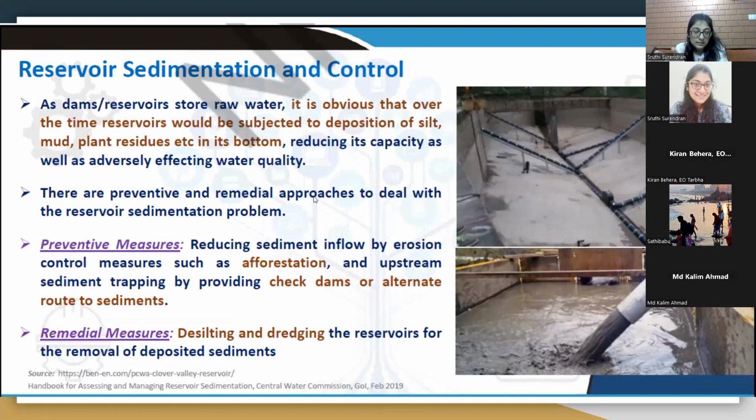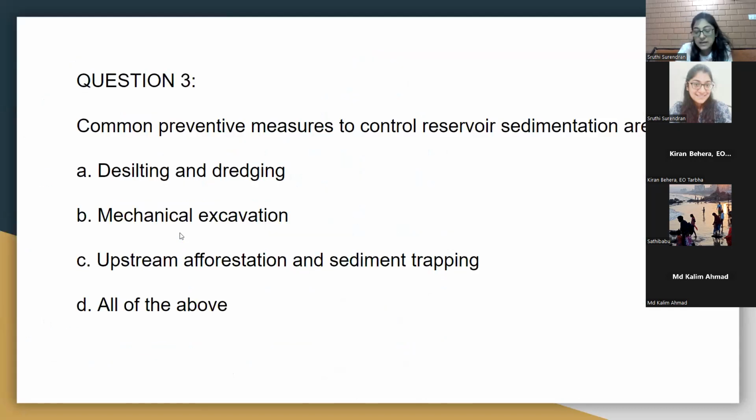When a reservoir is constructed, there are some consequences that will happen, and one of the problems arising in a reservoir is sedimentation. Now, two things can be done when sedimentation occurs. It can either be prevented, or in case it has already occurred, it can be removed. So here they have asked the most common preventive measures.